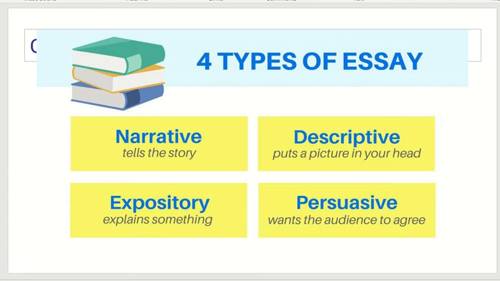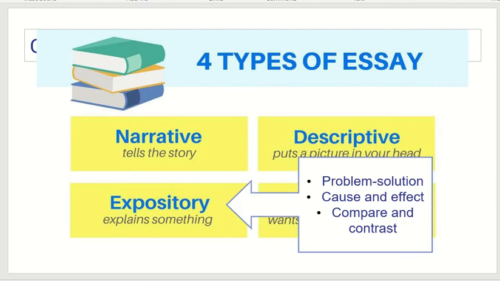Now, expository essay. What does it mean by expository essay? Expository essay has another name, and the name is topical essay. Like what is stated over there, expository essays are the essays that are explaining something about something.